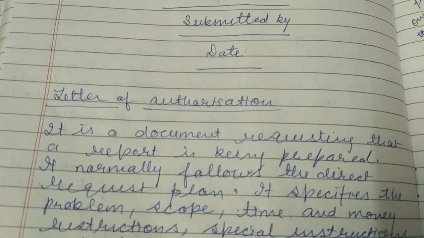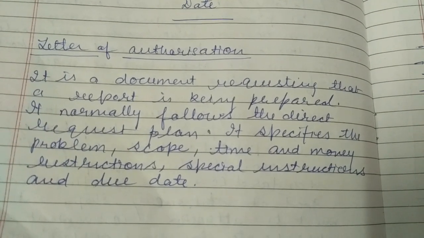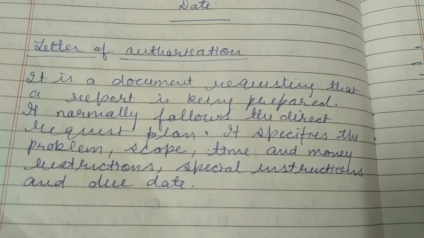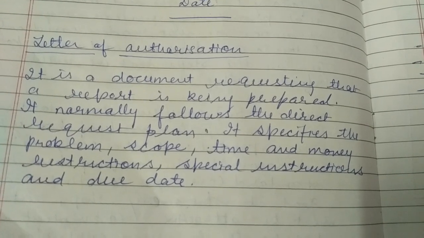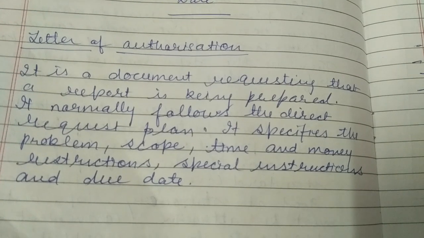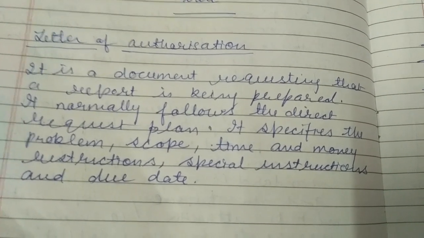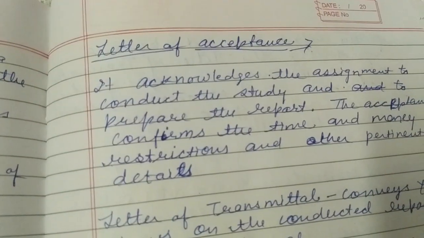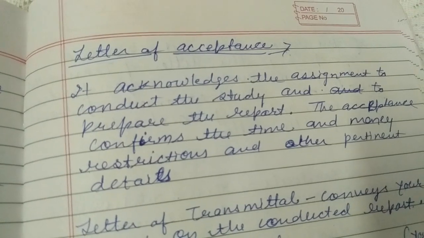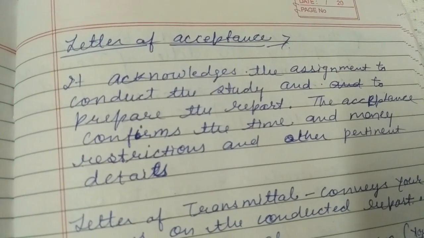Letter of authorization. It is a document requesting that a report be prepared. It normally follows the direct request plan. It specifies the problem scope, time and money restrictions, special instructions and due date. Letter of acceptance. It acknowledges the assignment to conduct the study and to prepare the report.